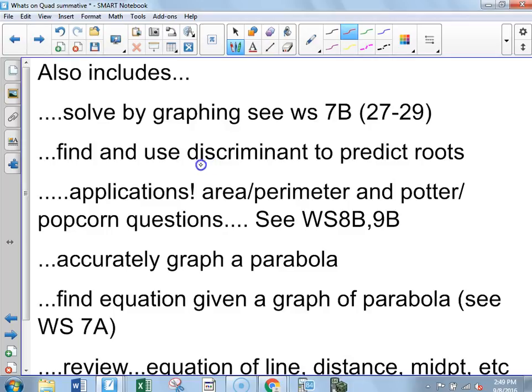All right, what about this word? You have to know how to find the discriminant and use it to predict things. Okay, so it's just the b squared minus 4ac. Everybody good? And then if it was a negative number, that would mean what? No real solutions or two complex solutions. It's a multiple choice question, that part of it.